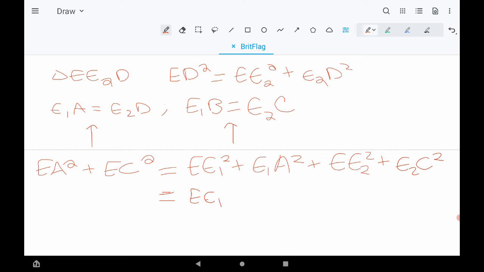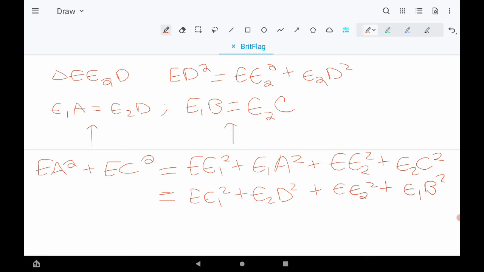So let's just plug that in. And then I'm just going to continue to write this down. We also get that E2C is equal to E1B squared, right? By the second equation listed above.